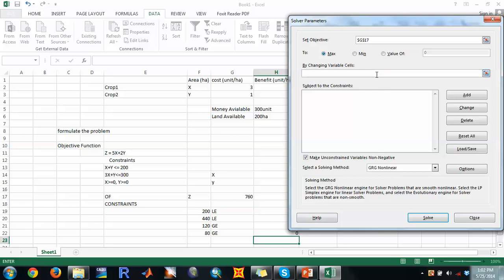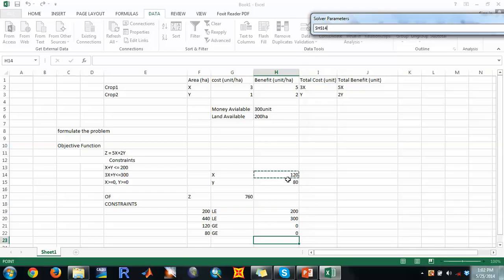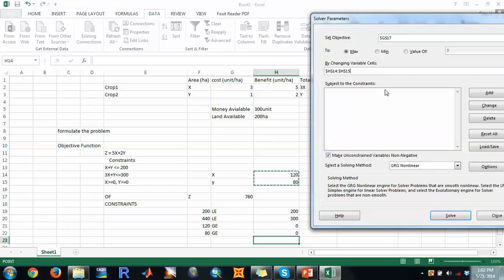Then, by changing variables. In this case, x and y are the important variables, and we just assumed them randomly. We don't know the exact values. So by changing these x and y values, we need the solution to be the maximum value.